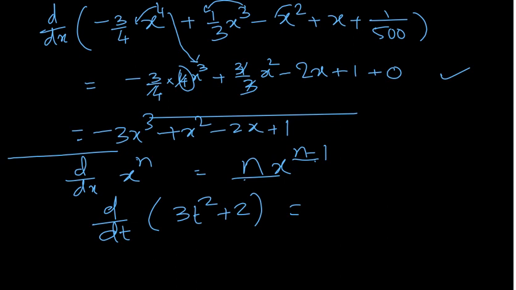Yeah, correct. See, that's why you have to observe whether the same thing is there or not. Whatever is here should be the same thing. Plus 0. So that is 6t.